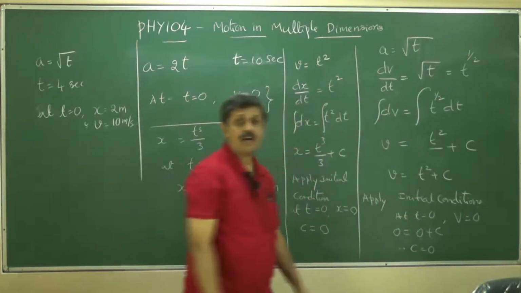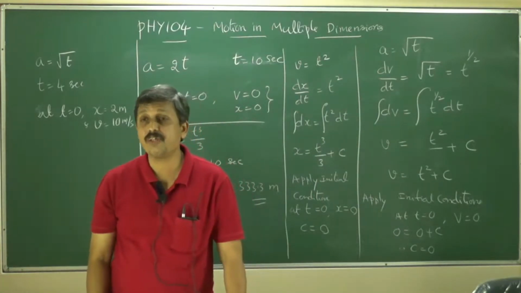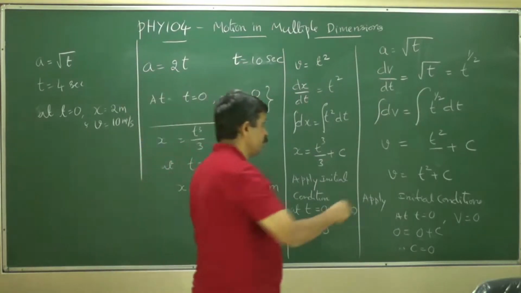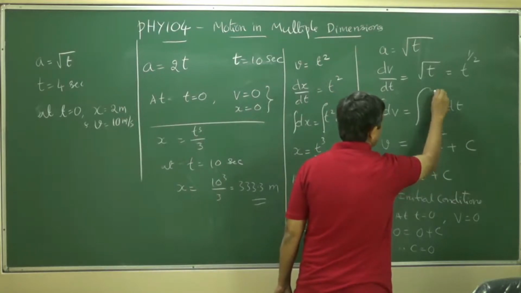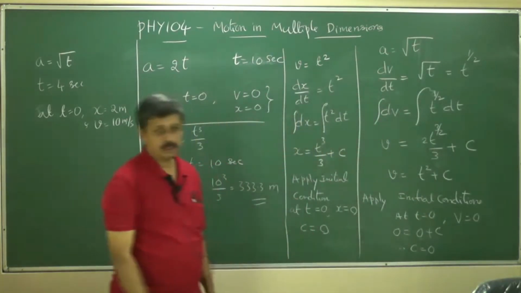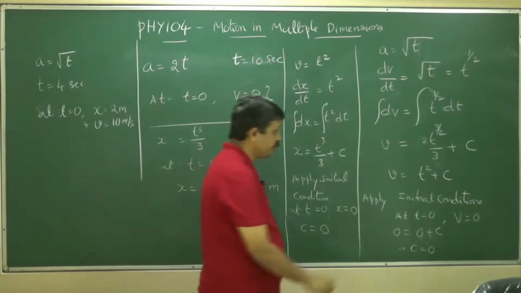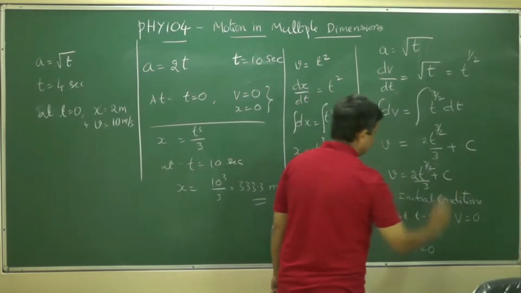When you integrate t to the power of half, what will you get? t to the power of half plus 1 by half plus 1, which is t to the power of 3 by 2 divided by 3 by 2, which I am writing as 2t to the power of 3 by 2 by 3, plus c.